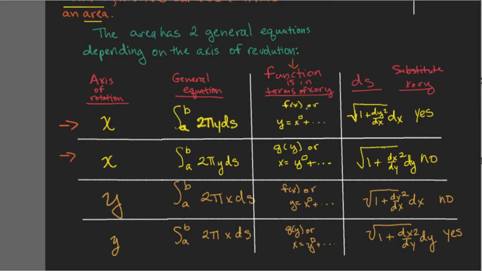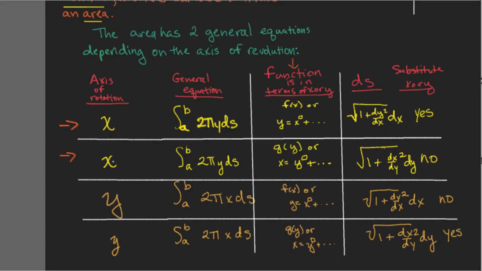If your function is given in terms of x, in other words, it's y equals x squared plus 2x and so on, then you end up doing 1 plus dy dx squared, and it's in terms of dx, so you have to substitute.